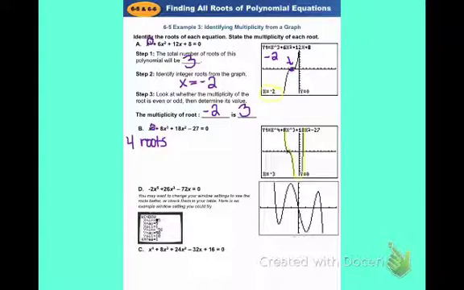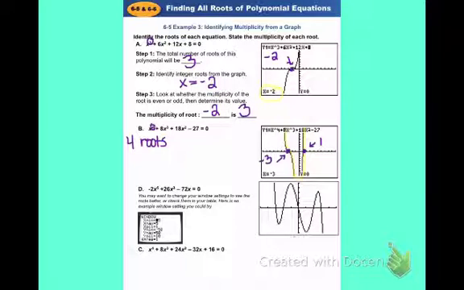And so I can actually see that it's crossing right here, and then again right here. And I don't know exactly what that solution is. I'm going to guess it's 1. And in fact, it has to be 1 because I just substituted 1 into the function and I got 0, so I know that's what it is. So this one's right here at 1, and this one is right here at -3.